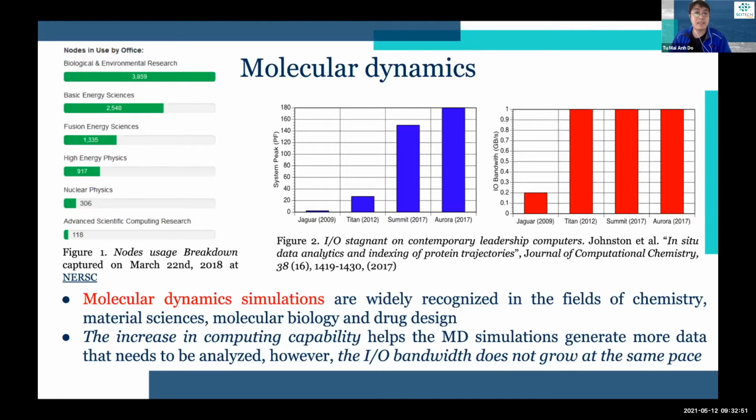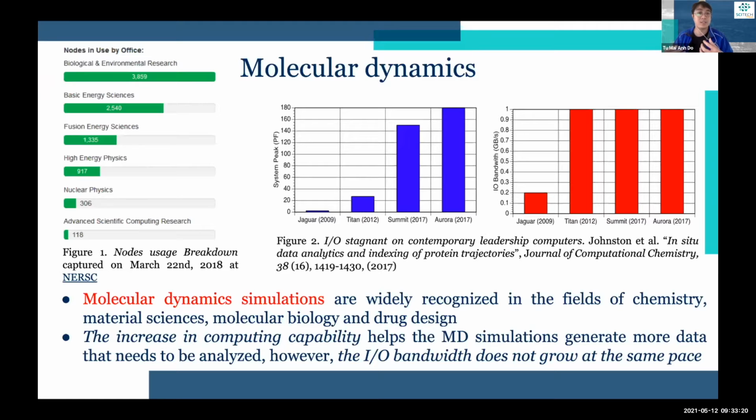And the evolution of many HPC systems nowadays, as well as some MD software related methods, allow the MD simulation to achieve ever increasing scale, which generates a large amount of data, and we need to be able to analyze this large amount of data.